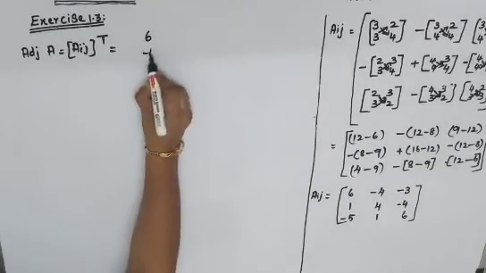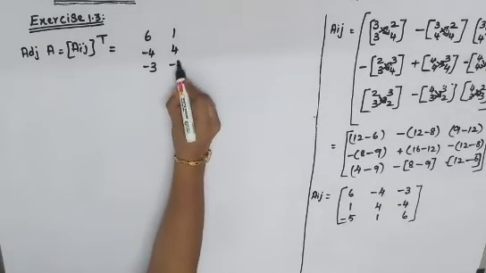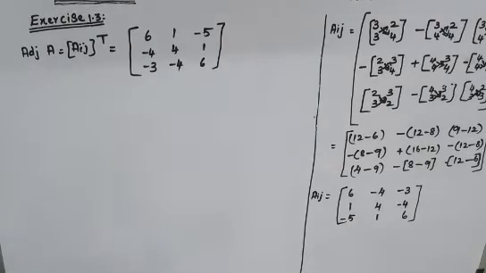So the first row 6, minus 4, minus 3 becomes the first column. Second row 1, 4, minus 4 becomes the second column. Third row minus 5, 1, 6 becomes the third column. So this is your adjoint of A.